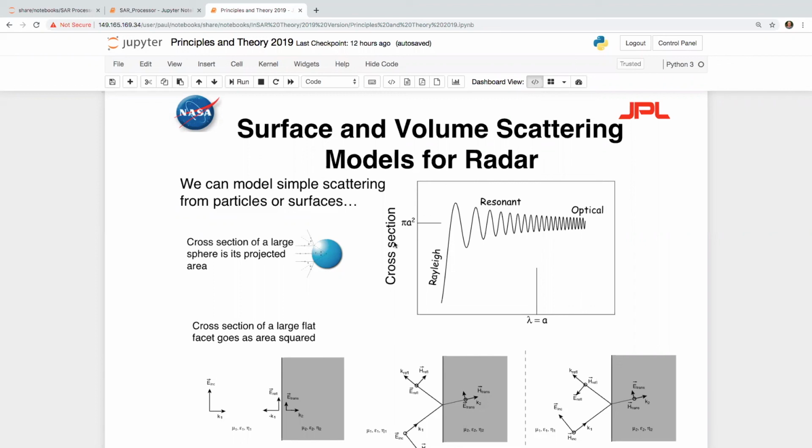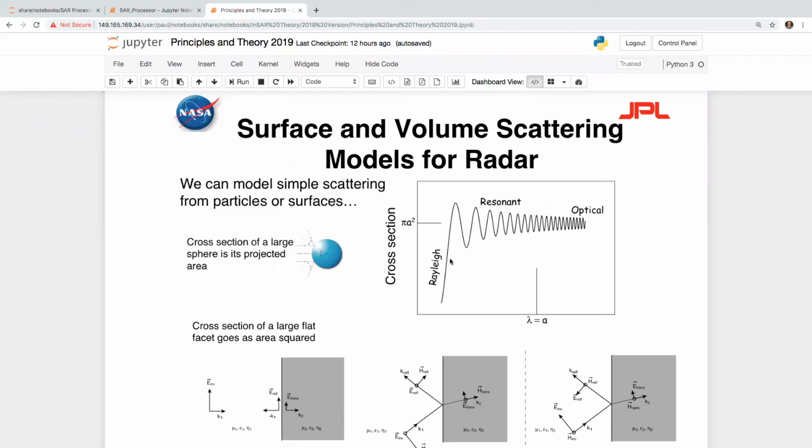But if you look at the backscatter cross-section of the energy coming back from a sphere as a function of its diameter, you can see that for large spheres, ignoring all the wiggling, the cross-section of a sphere is roughly its projected area. And if you have a very small sphere relative to the wavelength, then you get very little cross-section.